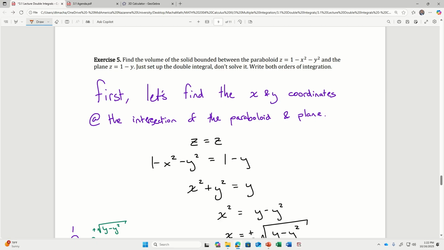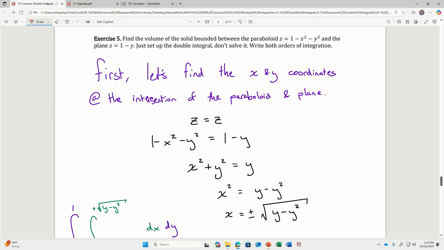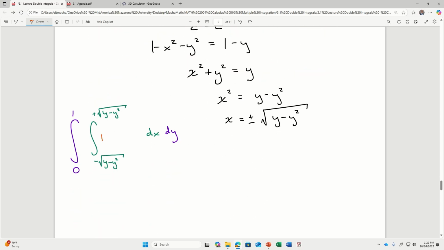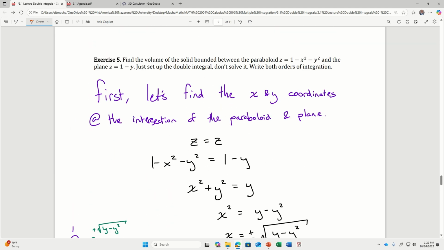Yeah. So I think the paraboloid is going to be on top, and the cone is going to have to slice through it. And then I can make the integrand be 1 minus x squared minus y squared for the paraboloid, minus the plane, which is 1 minus y.